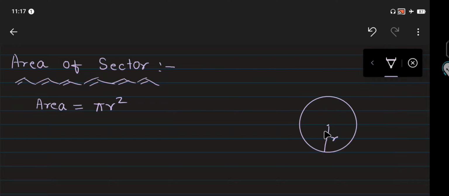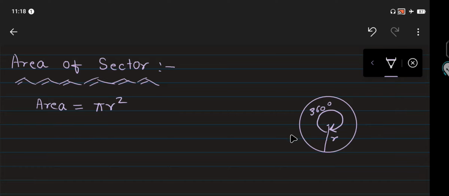Now let's take a complete angle in one rotation here, from here to here. So you will find that this angle at the center in one complete rotation will be 360 degrees.